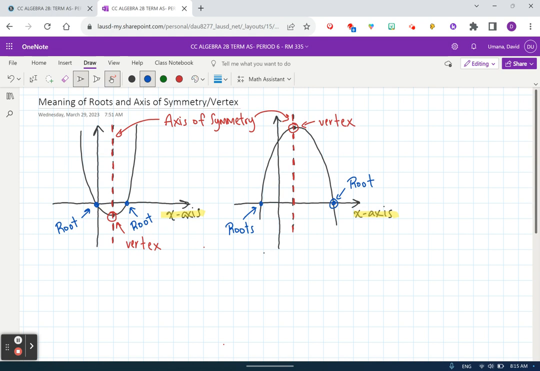Okay, so two things. When dealing with a parabola, we are interested in lowest and highest points. So let me put that as a note.